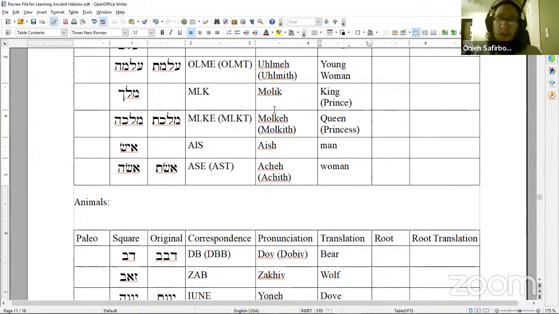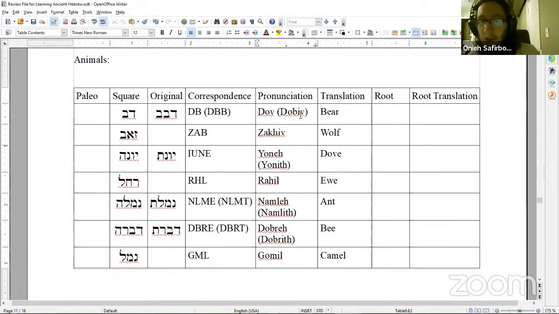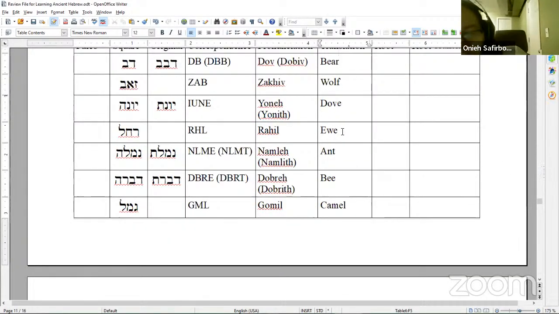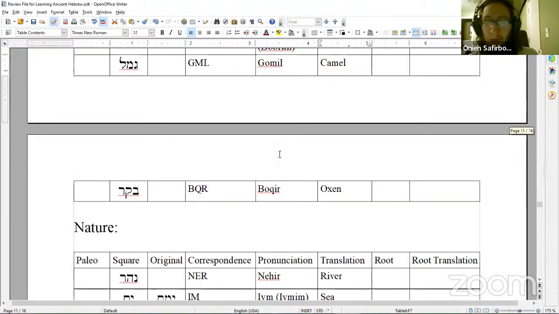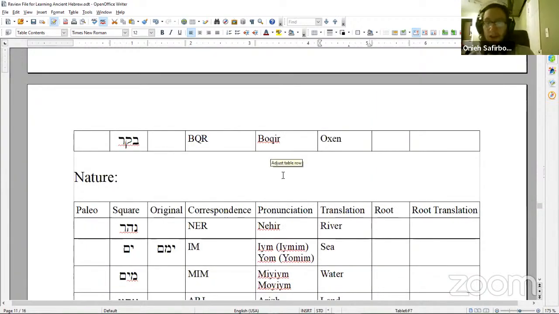And for animals, Dav, originally Daviv, air. Zachiv, wolf. Yana, originally Yanith. Dove, Rachel. You, Namla, originally Namlith, ant. Dabra, originally Dabrith. Bee, Gamel, means camel. Bachur means oxen.